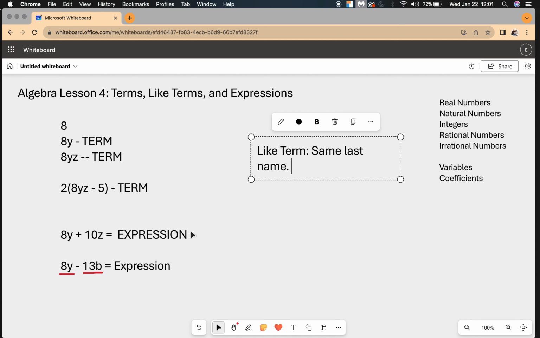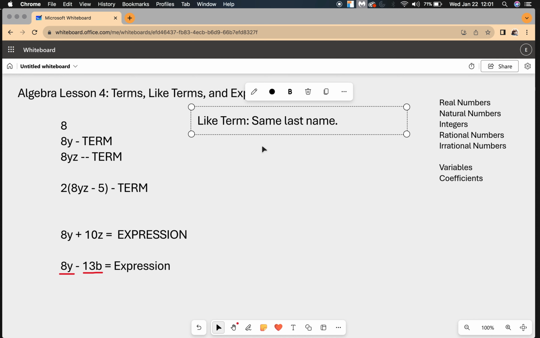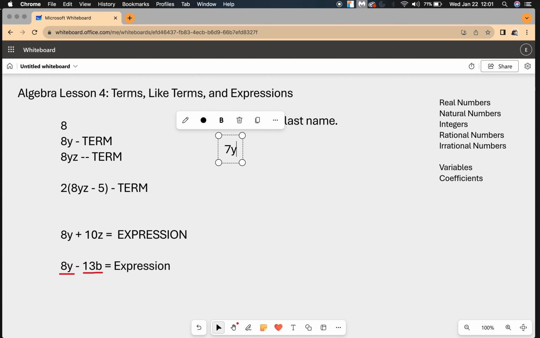And then like terms can be added and subtracted from each other pretty easily. So when I say the same last name, I mean something like if we have 7y plus 13y.